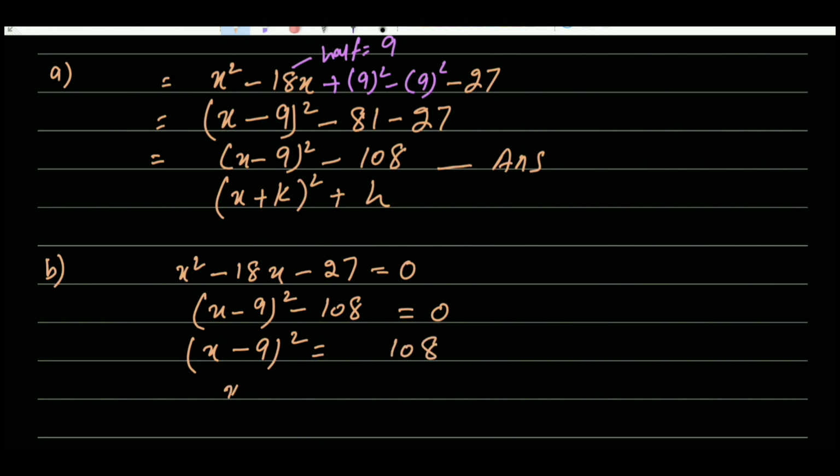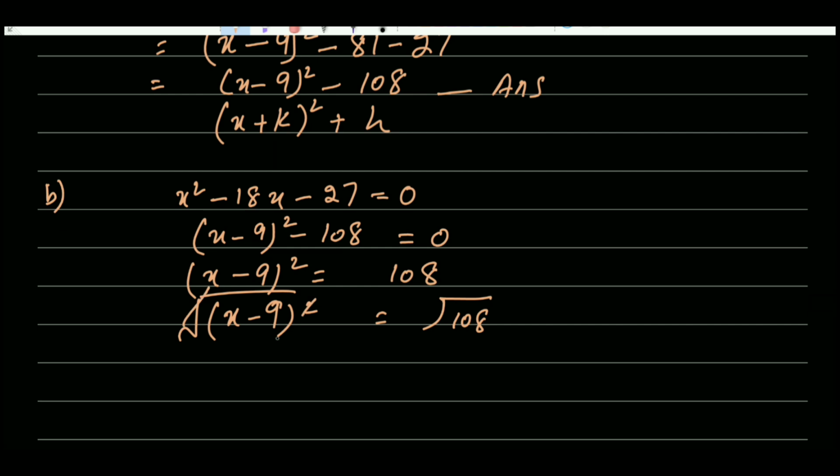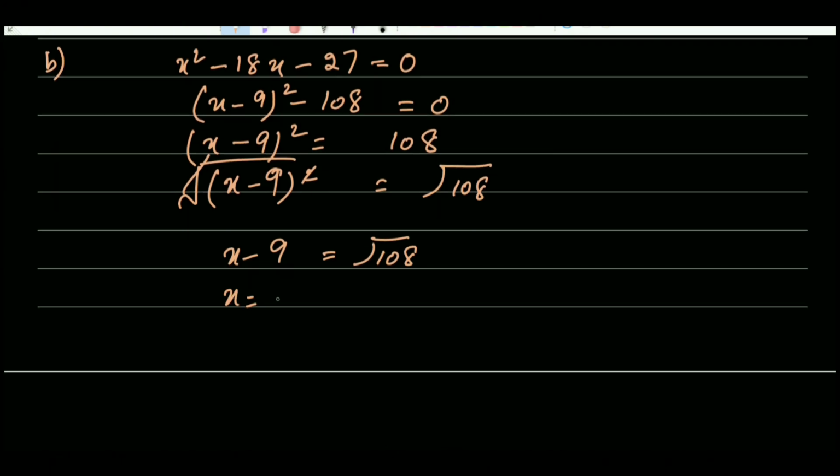We will take the square root on both sides; square and square root will cancel. x minus 9 is equal to plus minus under root 108. So x is equal to 9 plus under root 108, and the second value is x equal to 9 minus under root 108. If we solve it, let me use the calculator.